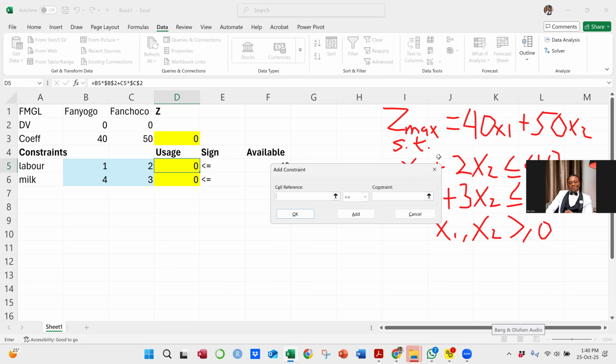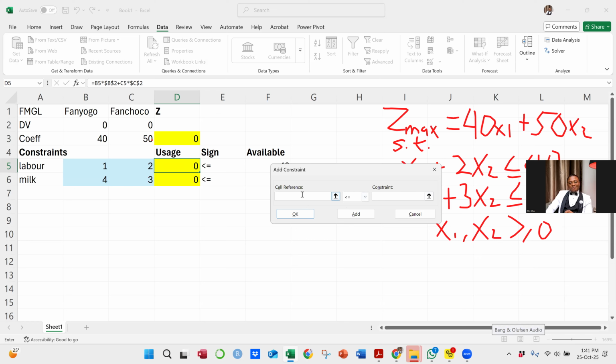Now this add is where you will have the left-hand side and the right-hand side. Just so you know, the left-hand side is the usage and the right-hand side is the available.